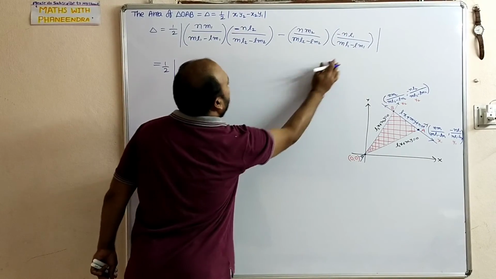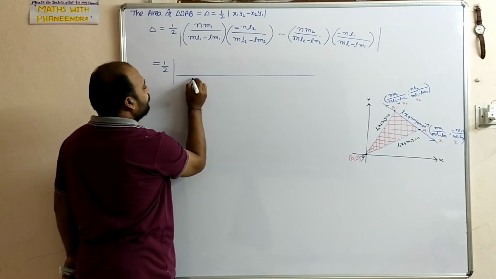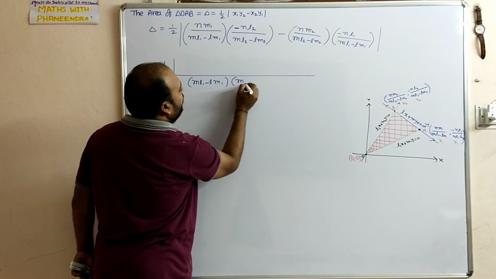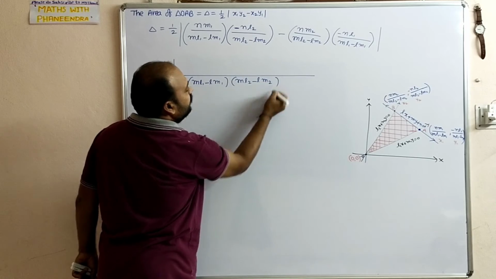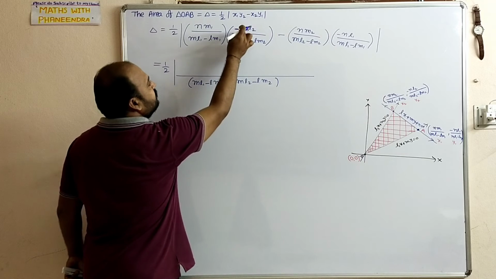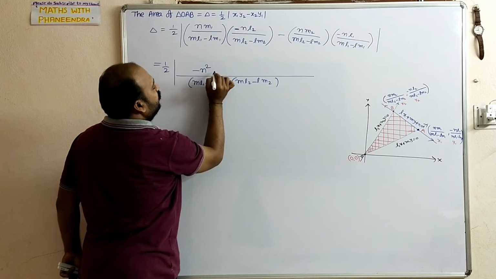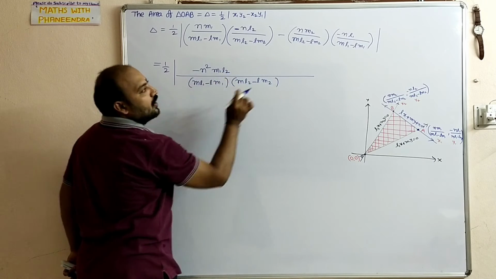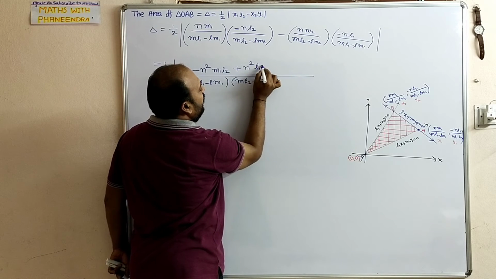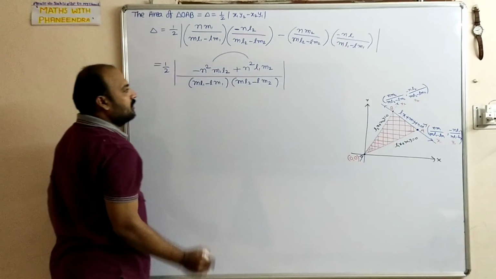Anyway, the denominator is same. Observe carefully. The LCM, this value and this value is same: ml1 minus lm1 into ml2 minus lm2. Now we are multiplying the numerators. Minus n into n, minus n square, m1 l2. Minus into minus is plus, n square into L1 M2. In the next step, n square I am taking common.